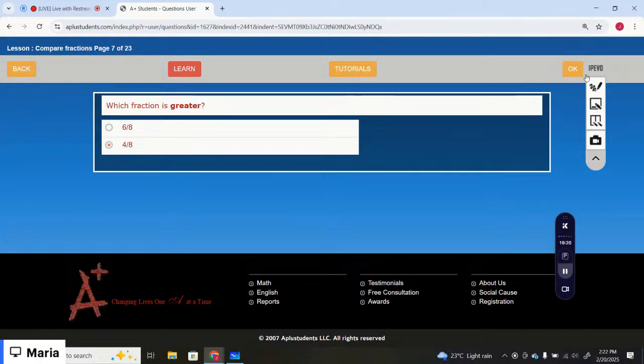Sorry, greater is 6 by 8. Option number 1 is the correct option. The greater fraction is 6 over 8.